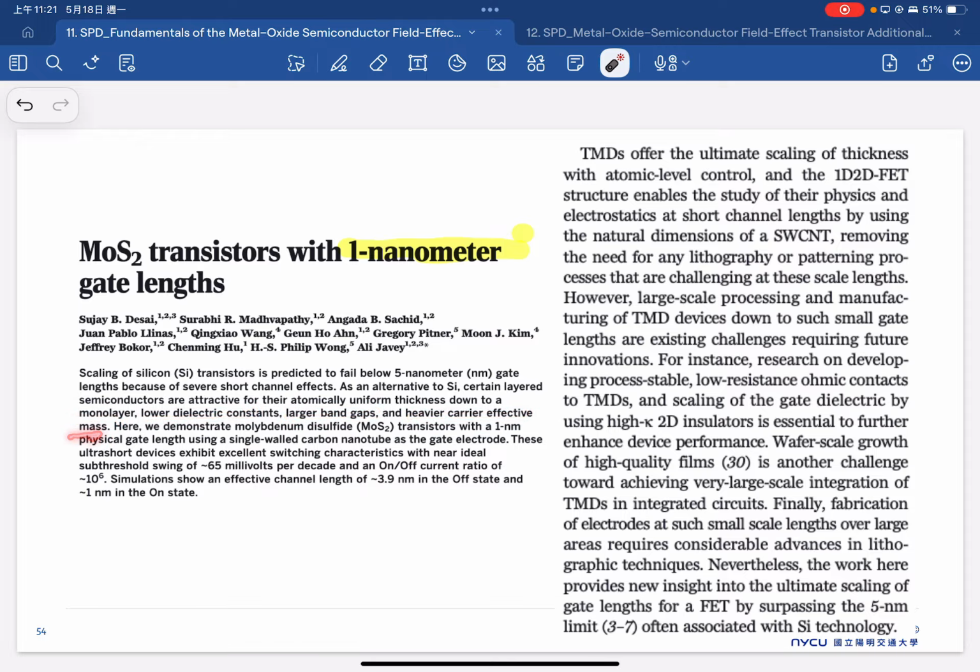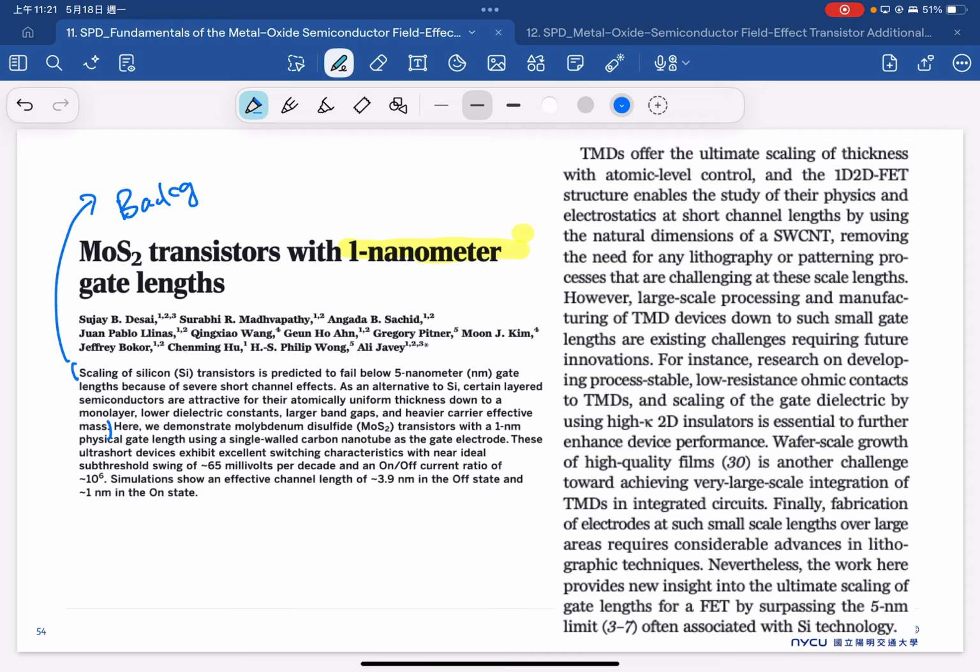So that's the background information introduction. These all just try to illustrate some background information. And then after the background information, this paper starts to go straight to the point.